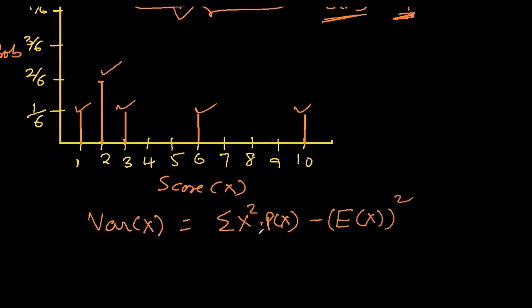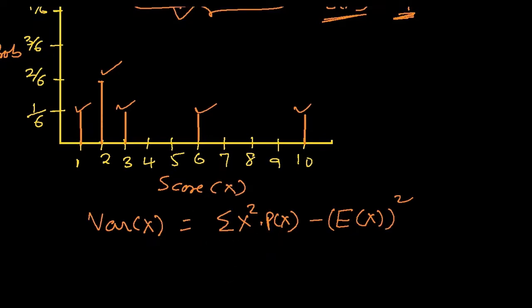We also have to divide by sigma px, but we know that adding all the probabilities is equal to 1. That's why we ignore the denominator. We just focus on sigma x square times px minus this.